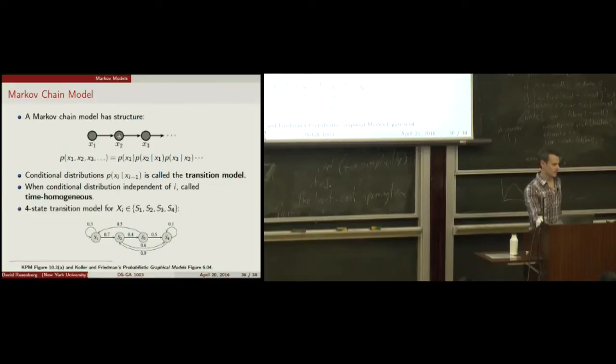But if the probability distribution is the same when we go from X2 to X3 as when we go from X3 to X4, that's called time homogeneous. It means the same at all times, and that simplifies the model quite a lot.